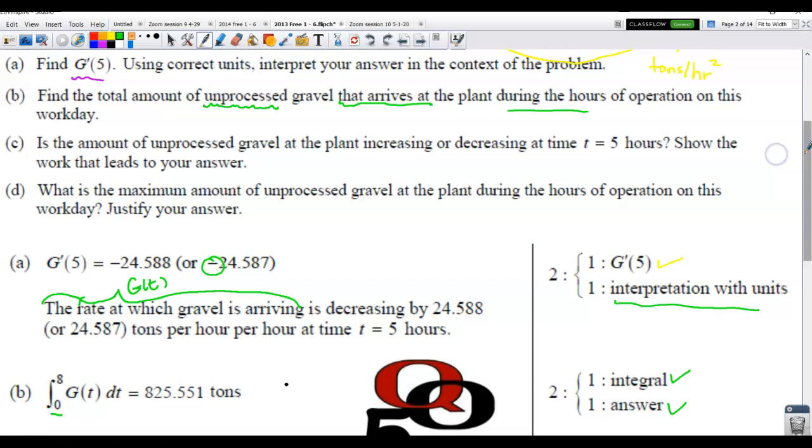In letter C, your question is the amount of unprocessed gravel. Now remember, we just talked about the amount of unprocessed gravel in the last question. Is the amount of unprocessed gravel at the plant increasing or decreasing at t equal to 5 hours? So we want to know if the amount is increasing or if the amount is decreasing.